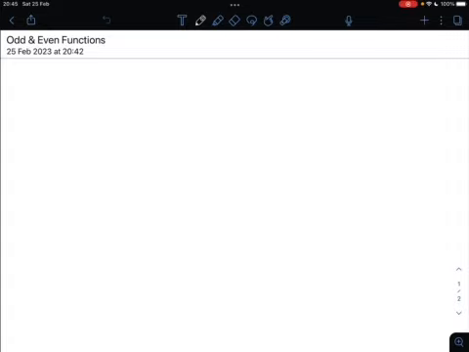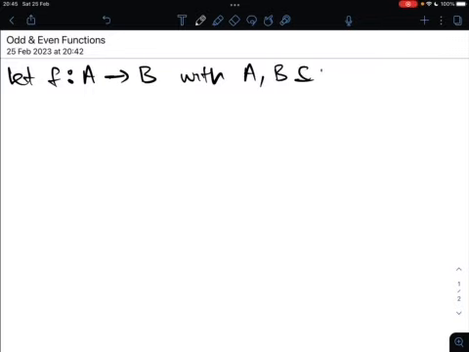So let f from A to B be a function. Now, what we're going to assume is that we want to deal with functions which map real numbers to real numbers.